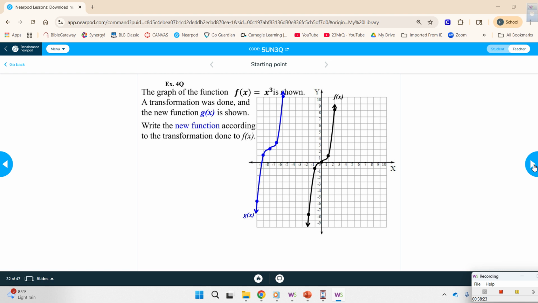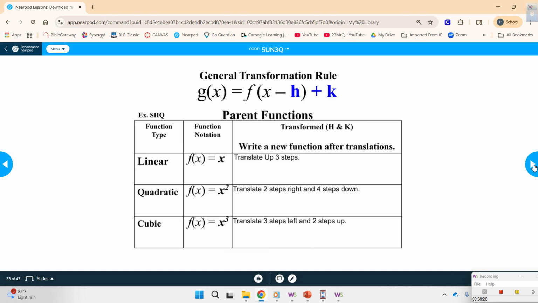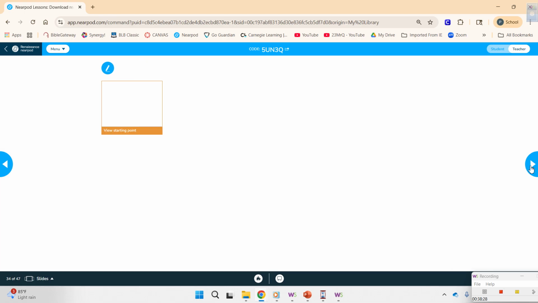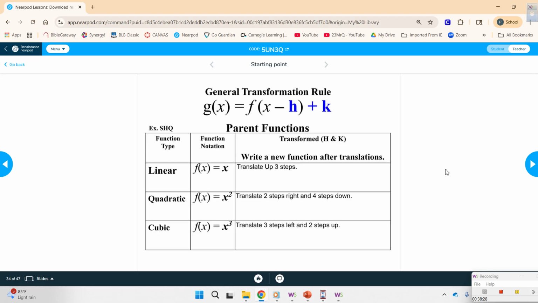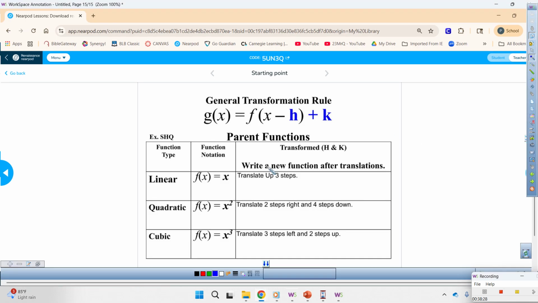All right. And last but not least, check this out. Look up to your screen. Look at this table. Don't copy it. We're going to do that on the screen. Here we go. Let's do the first one together. It says, write a new function after the translation.